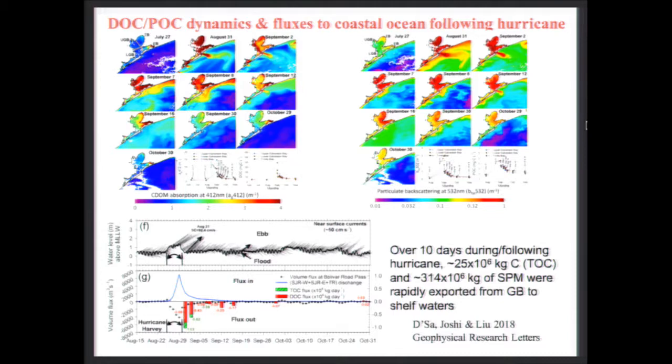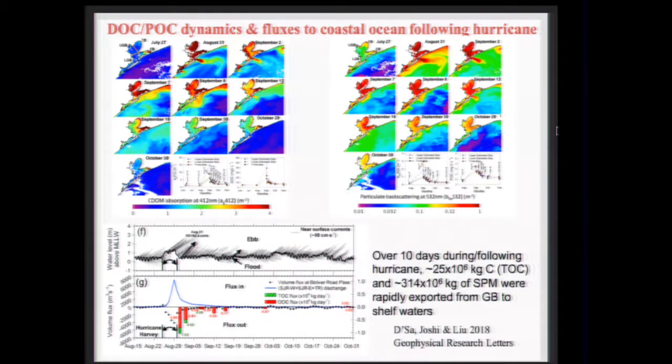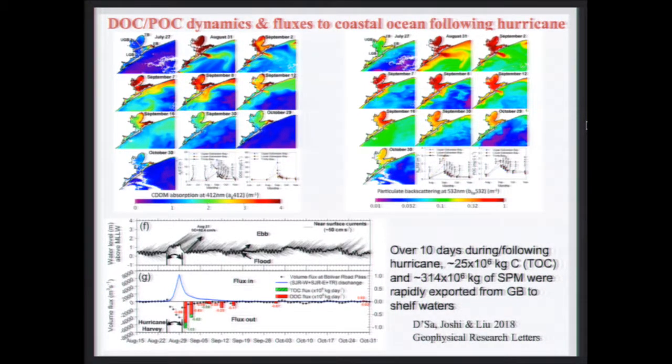We also had hydrodynamic data, currents and tides at the bay entrance, and we actually calculated over 10 days the total fluxes out of the bay into the coastal shelf. We get about 25 million kilograms of TOC, 314 million kilograms of SPM that were rapidly exported from the bay to the shelf waters.